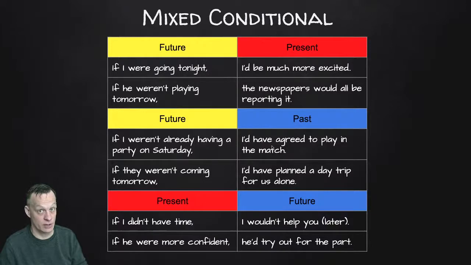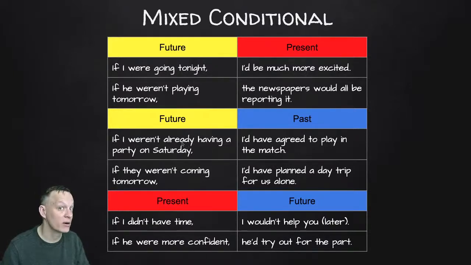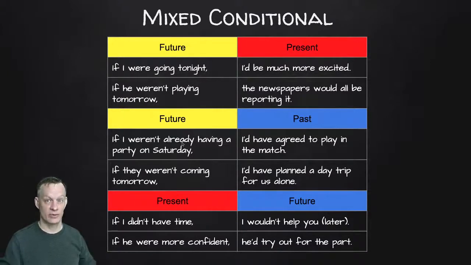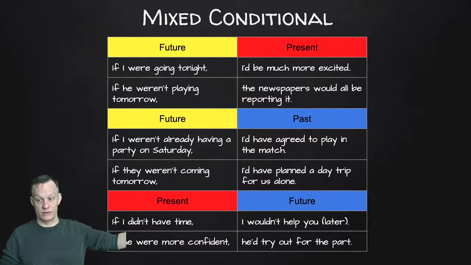I didn't agree, past, I didn't agree to play because I'm having a party on Saturday. But if I weren't having a party on Saturday, I would have agreed to play in the match. So we're linking the future with the past.